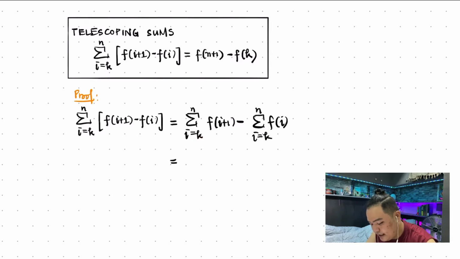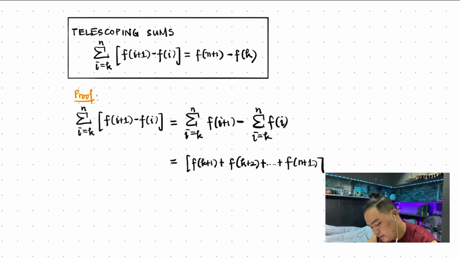And then, expand na natin. For this one, nagsimula yung I mo sa k, so you get f ng k plus 1 hanggang umabot ka ng f ng n plus 1, minus, dito naman I mo starts at k, tapos matatapos ka sa n. So, meron kang f of k, f ng k plus 1 hanggang f of n.